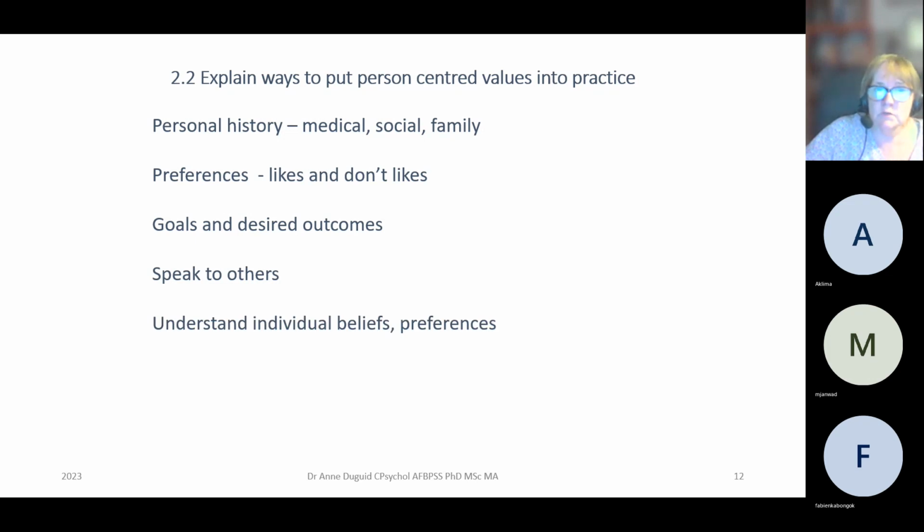And why are we doing it? Because we need to understand their beliefs and their preferences, because we're dealing with someone who is an individual. Okay, we cannot be person-centered if we assume that this person is like me. If you go in thinking, okay, I've got all of these things to do today, like make the beds, do the washing, get the tea down your neck, clear the table, right, off you go.